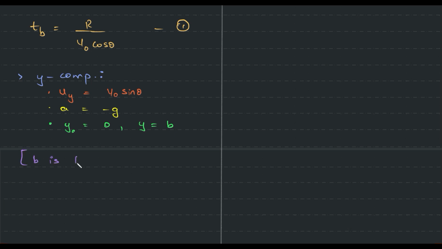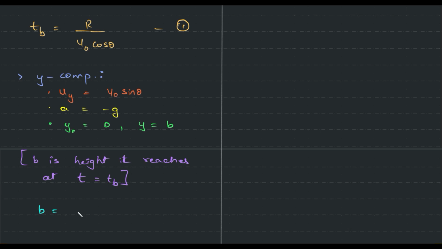B is the height it reaches at time is equal to TB. Okay, guys. So that's my assumption. That's my call. Right? So let's get an expression for B. Let's have a go.